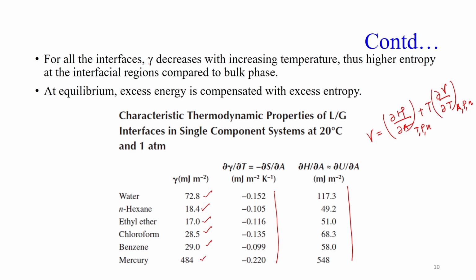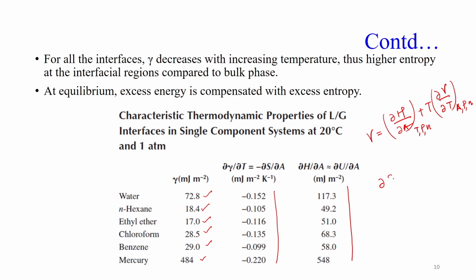So, for all the interfaces, surface energy decreases with increasing temperature. Thus, there is higher entropy in the interfacial region compared to the bulk phase. So, it says if you increase the temperature, there will be an increase in the entropy at the interfacial region.